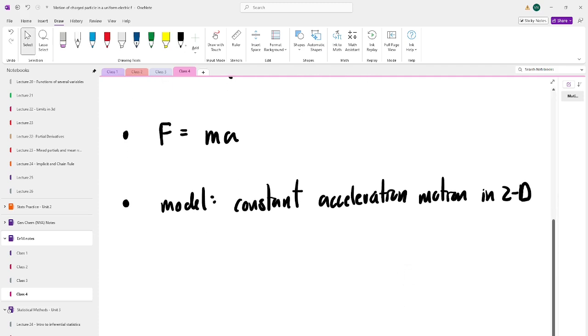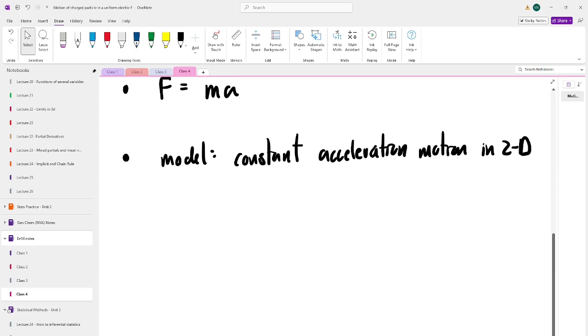So what's happening is that the uniform electric field, because we're considering a uniform electric field, not just any electric field, is going to cause a sort of projectile motion of the charged particle between two plates, which are required for the uniform electric field.